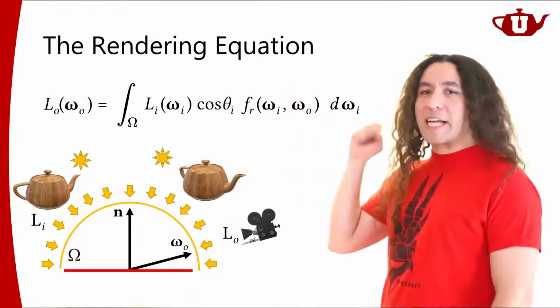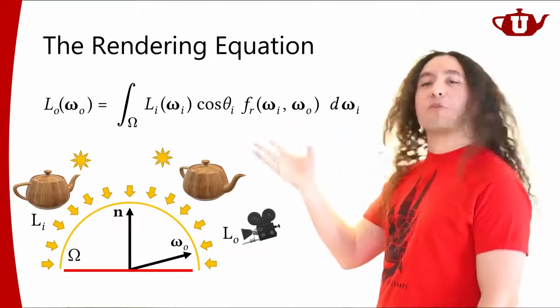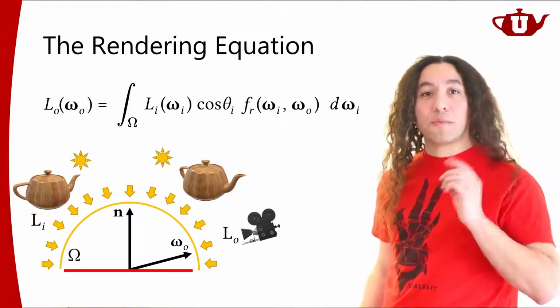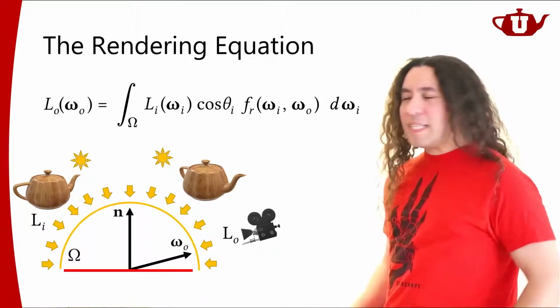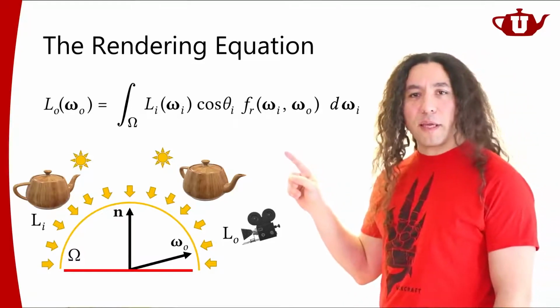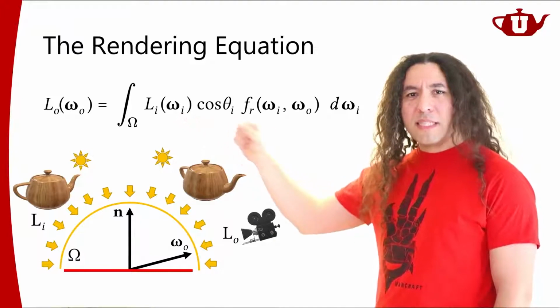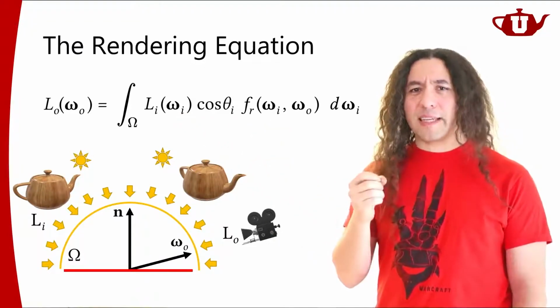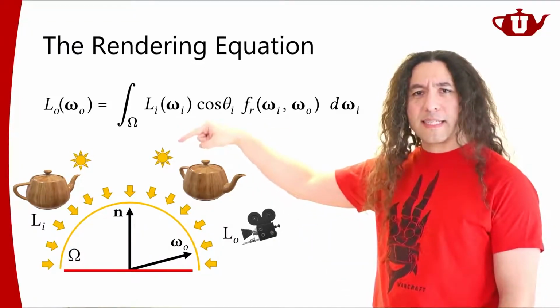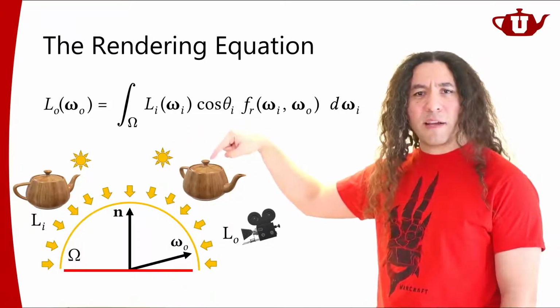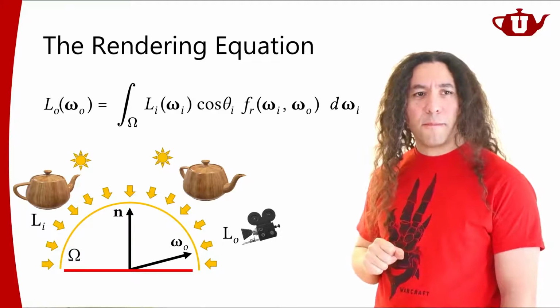Yeah, this one integral explains what's going on and what needs to be computed very well, but when it comes to actually computing it in any algorithm, we typically do a little bit of a separation here. This incoming light term over here, we typically use different techniques for computing light that is directly coming from the light sources versus light that is reflected off of other surfaces.